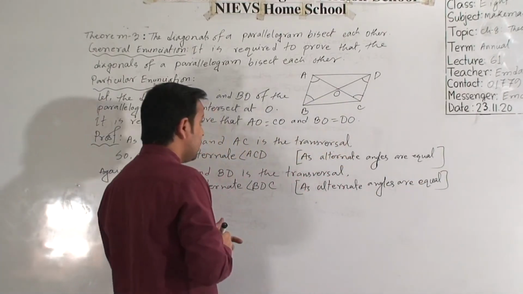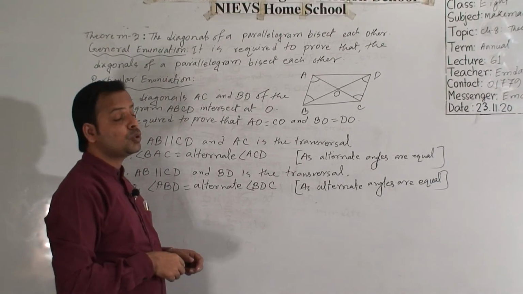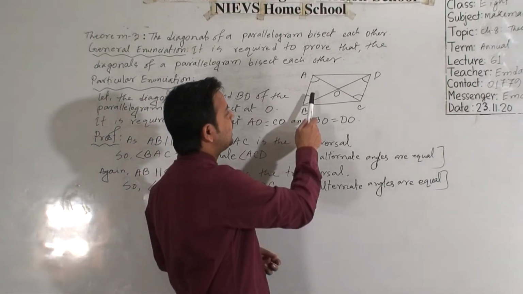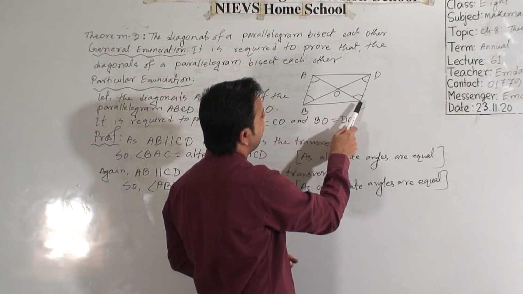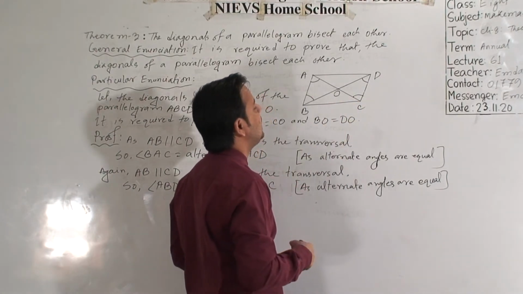So now we can consider two triangles. We can consider triangle AOB and triangle COD.